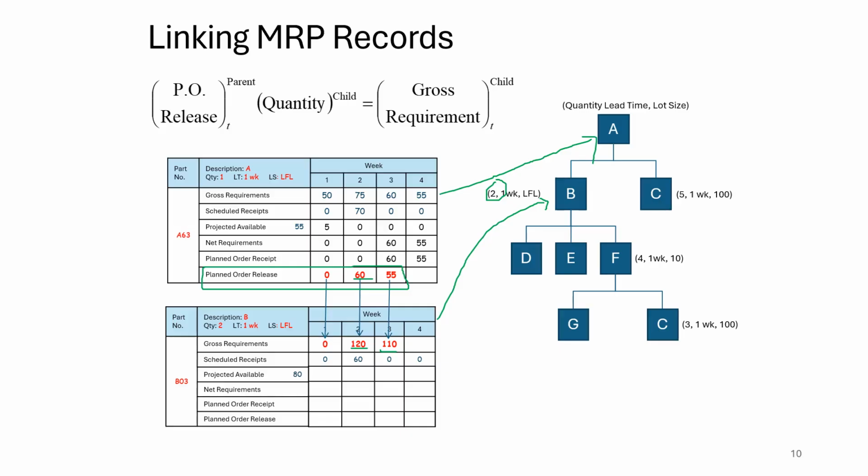So again, to recap, we have 0 units of planned order release of product A in week 1. So the gross requirements for product B in week 1 is 0 units.